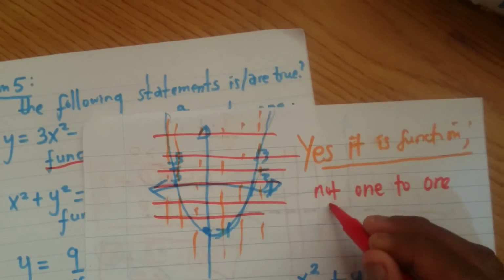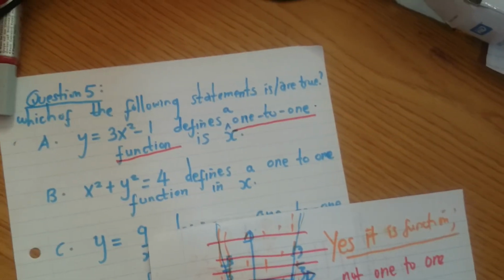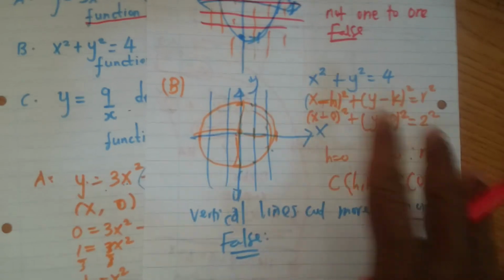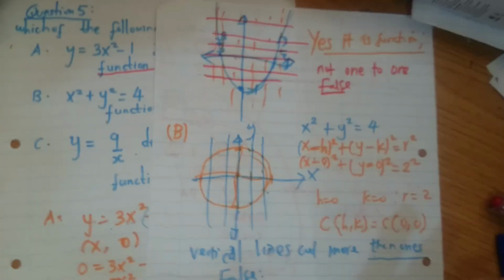According to the question, they say it is a one-to-one function. The second one is not even a function, so it cannot qualify to be a one-to-one function. But when you come to the third one, which is a hyperbola, yes, it is a function.